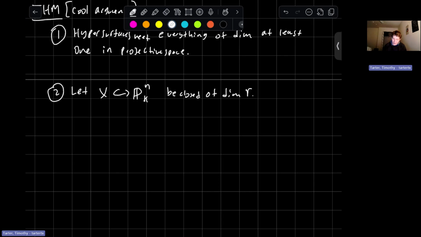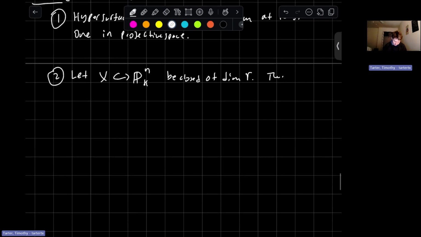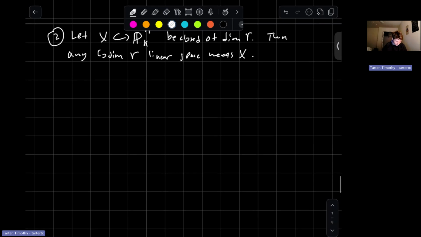Recently, I've been getting a lot of hate for my R's, so I'm trying to make them better. Then any codimension R linear space meets X. That feels reasonable.